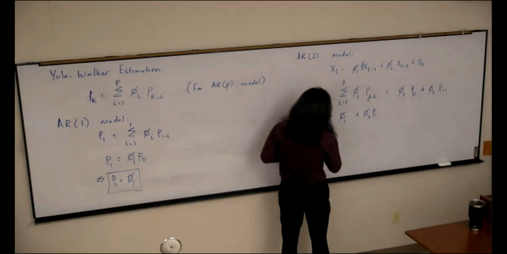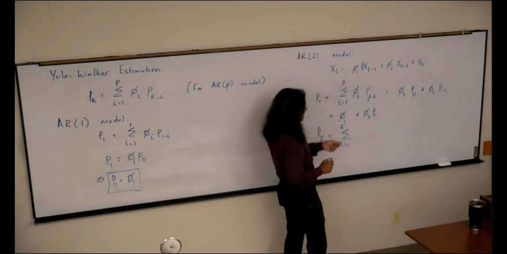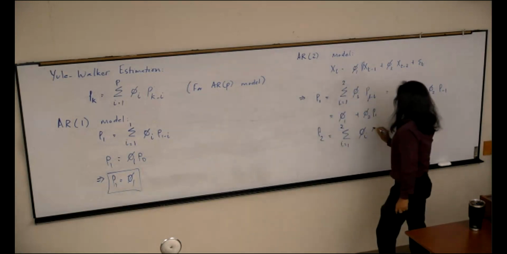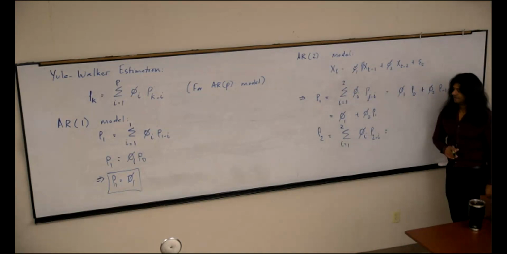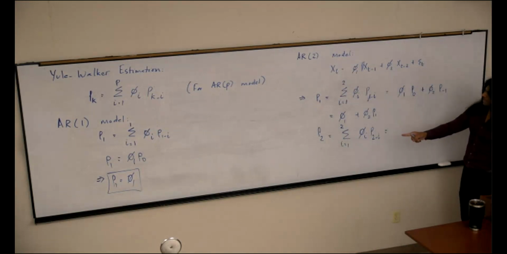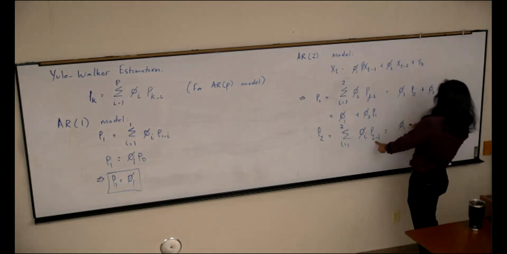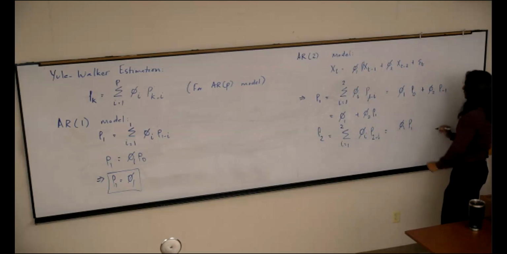Second, rho 2. So i equals 1 to 2 of phi i rho 2 minus i. When i is 1, we will have phi1 rho 2 minus 1.